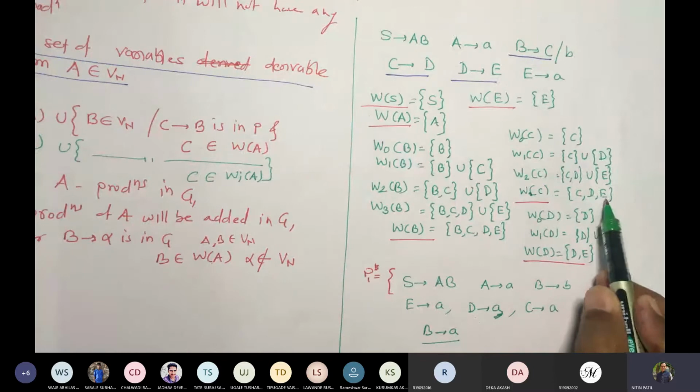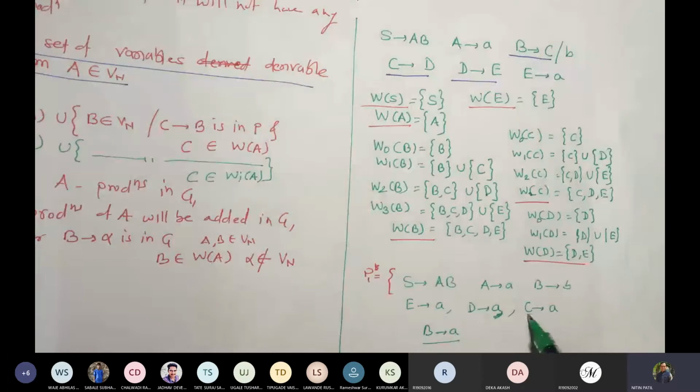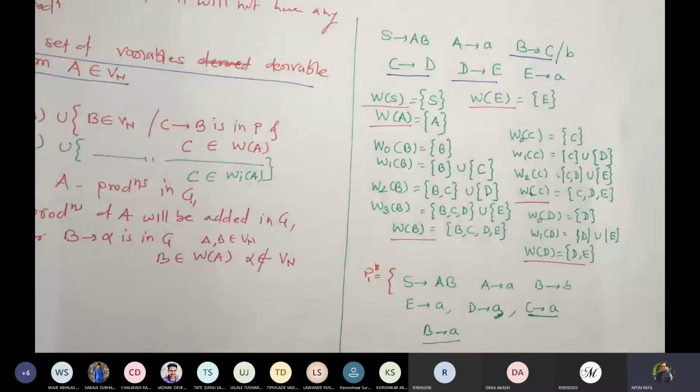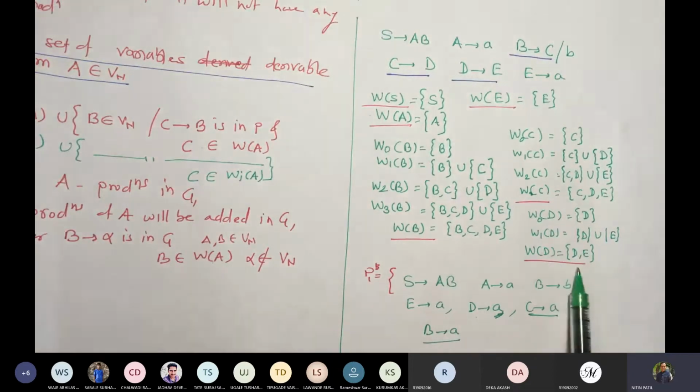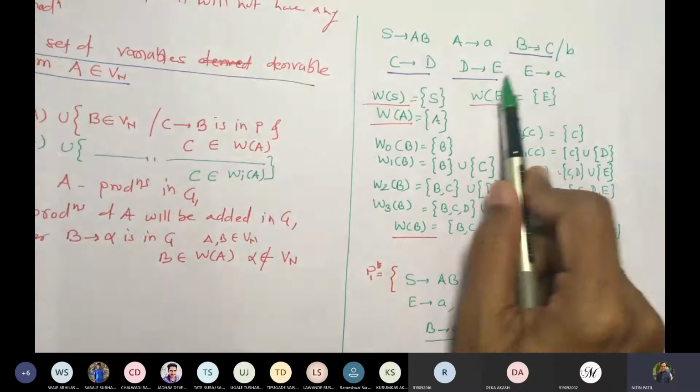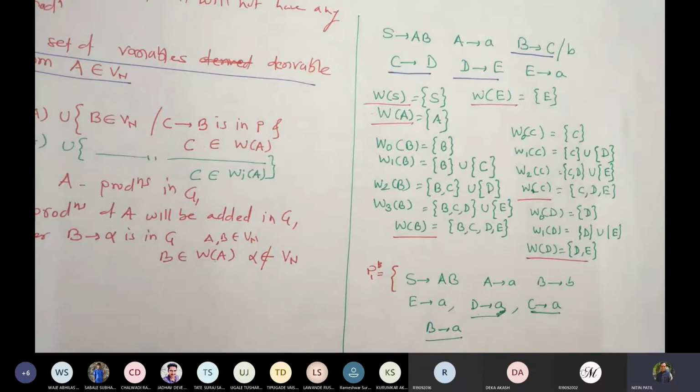Yes. Whatever E is giving as a terminal, non-variable production, they would be assigned to C. That's why we wrote C gives A. Similarly, W of D contains E, and E gives A. That's why D gives A, and that's why we added this.